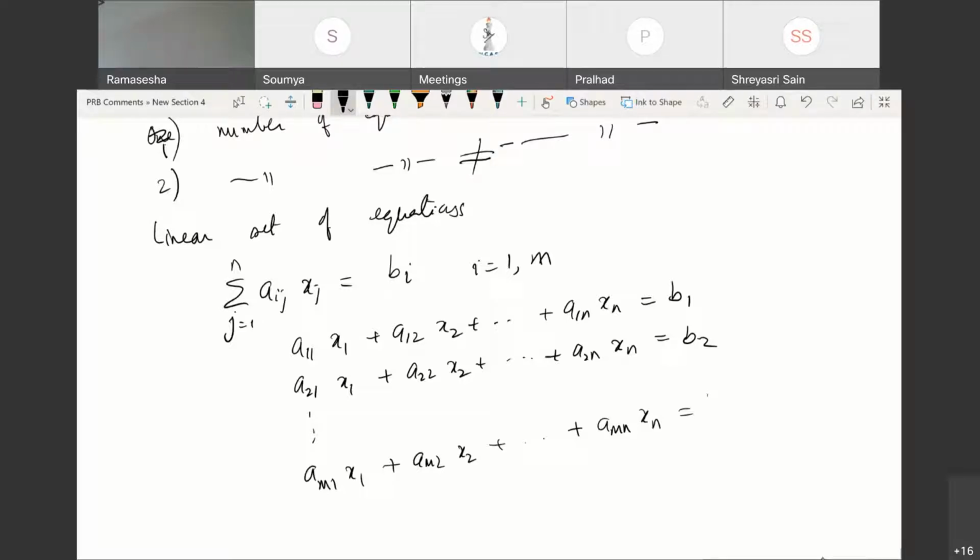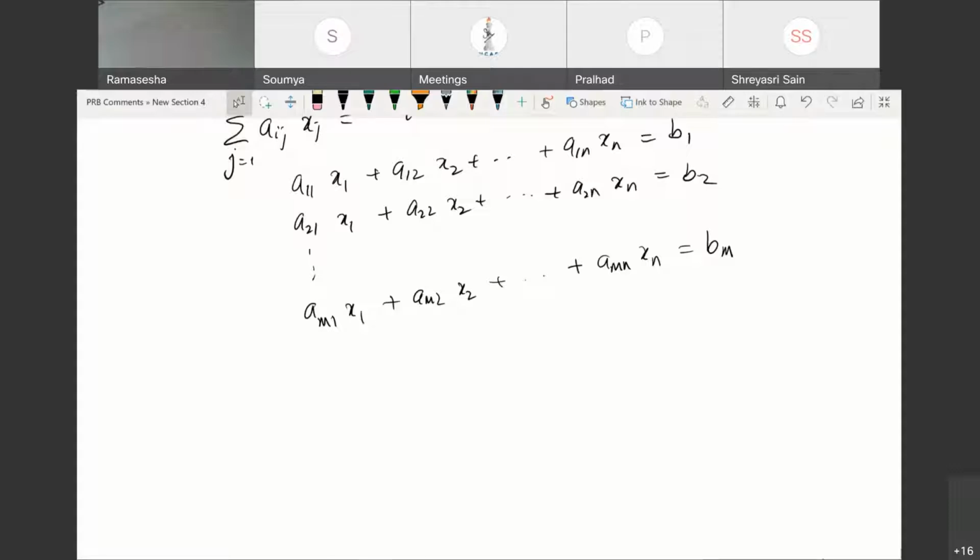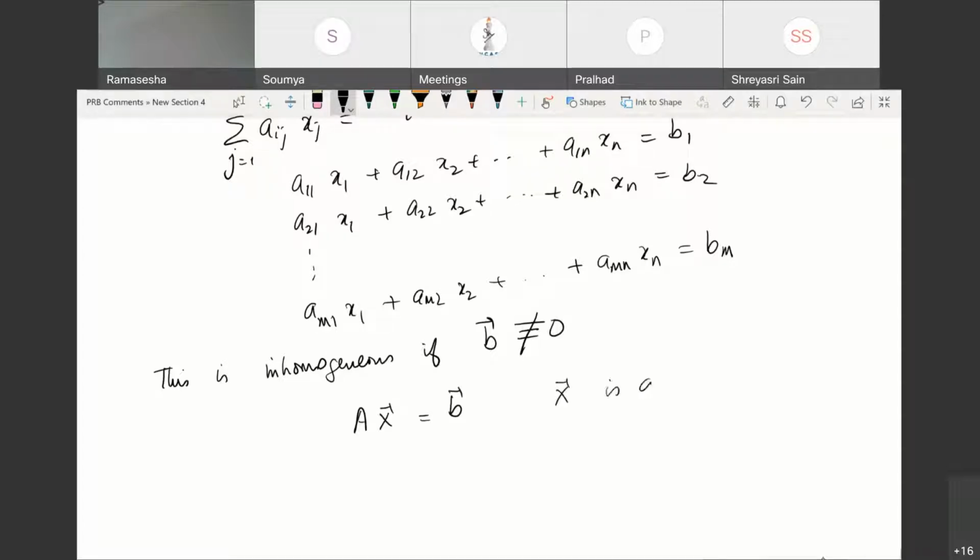Okay, and this is called inhomogeneous if vector b is not identically equal to 0. The above equation I can write as Ax equal to b. X is an n-dimensional vector.